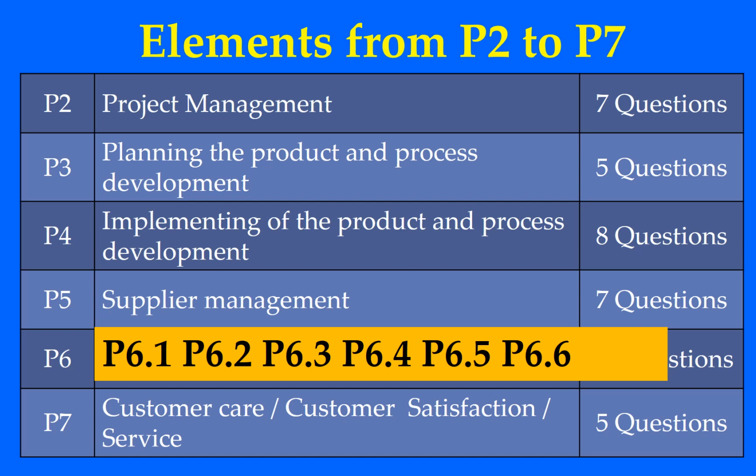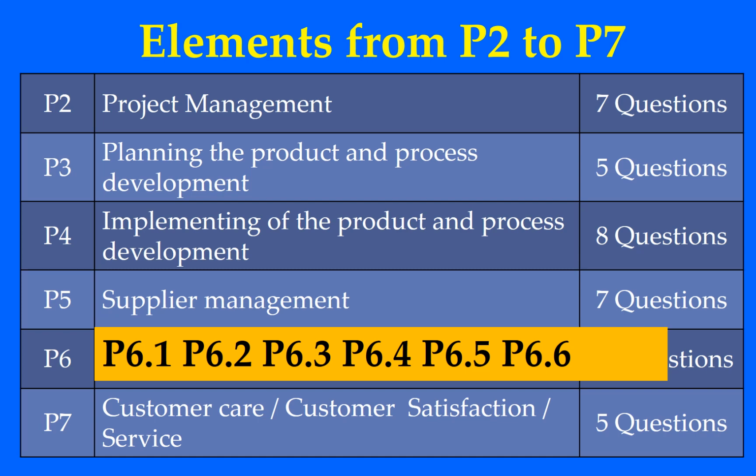P6.2 talks about process management. P6.3 talks about personal resources. P6.4 talks about material resources. P6.5 talks about efficiency. P6.6 talks about process output.